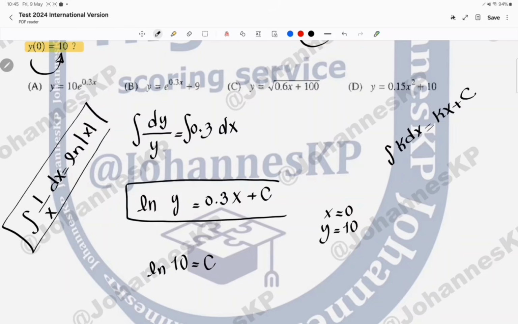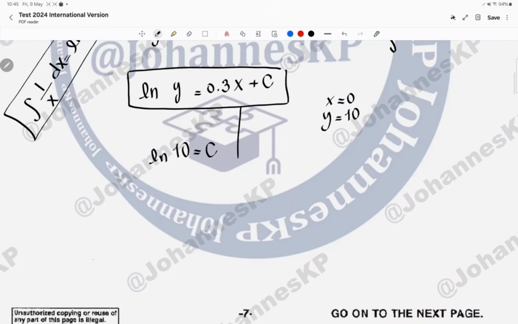Now go back to your equation, bring it here, and replace the c with ln of 10. Now question, how do I remove the ln on the left side? E to the power. How did you know that? E to the power of these guys.